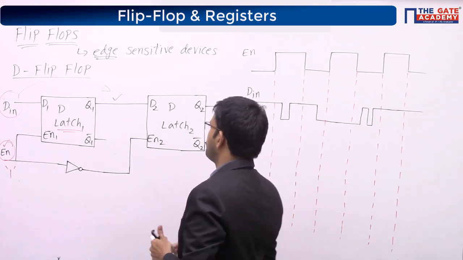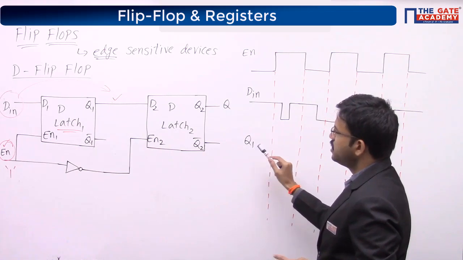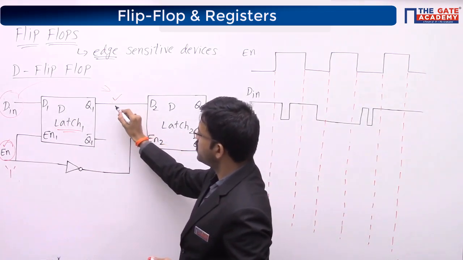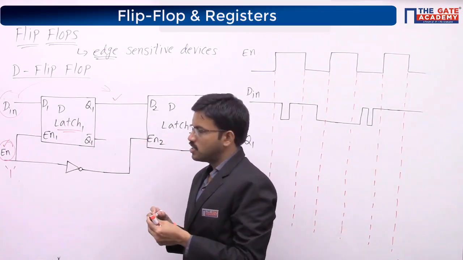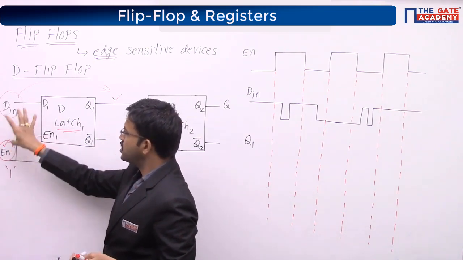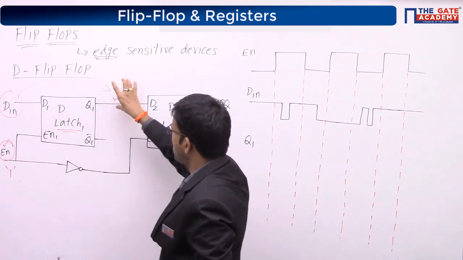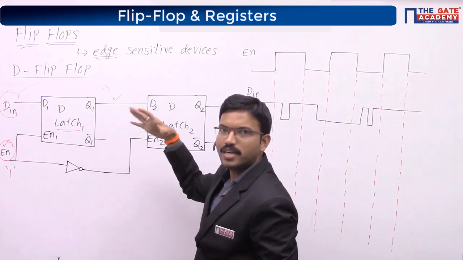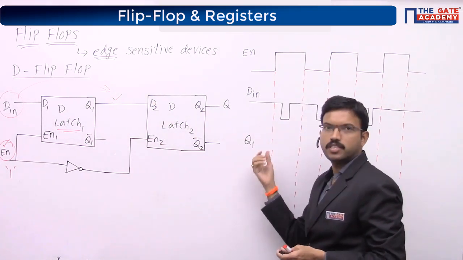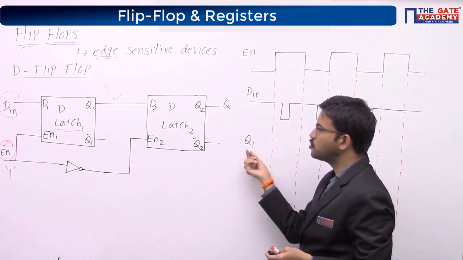Now I am writing the waveform for this Q1 signal. With respect to the enable signal and the D input, now I am determining the output. That is nothing but the next state, Q1 of T plus 1, or you can write Qn plus 1.